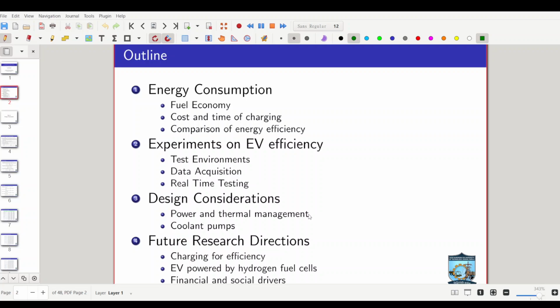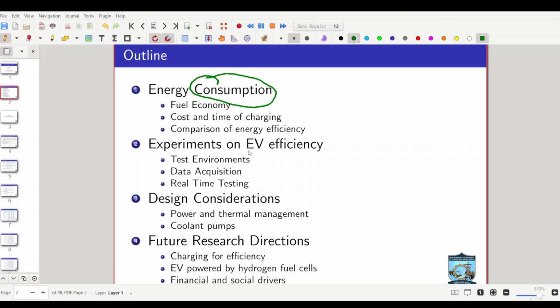So the outline of my topic is, first we will discuss the energy consumption part. Basically we will discuss fuel economy, cost and time of charging, and comparison of energy efficiency of various electric vehicle models available in the market.